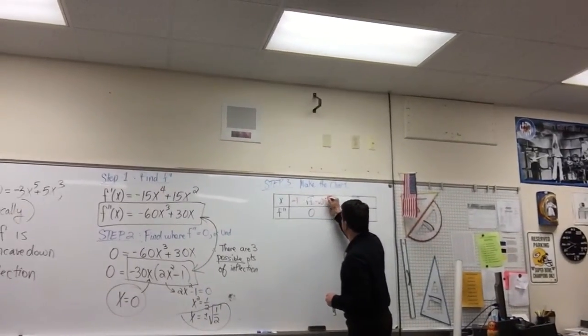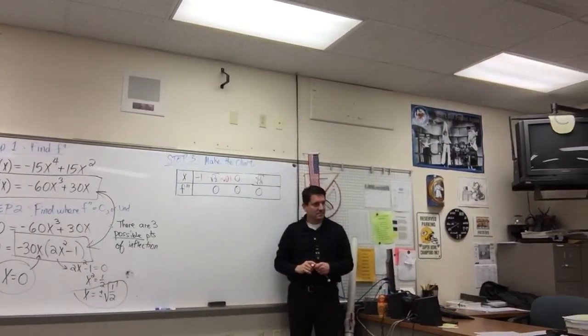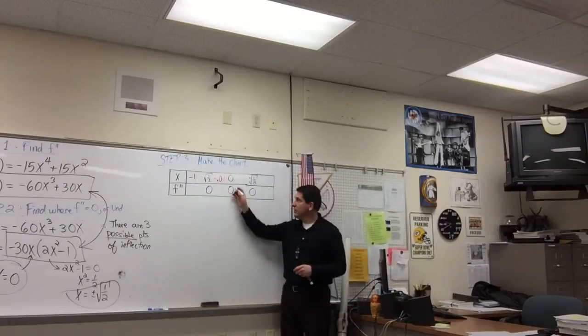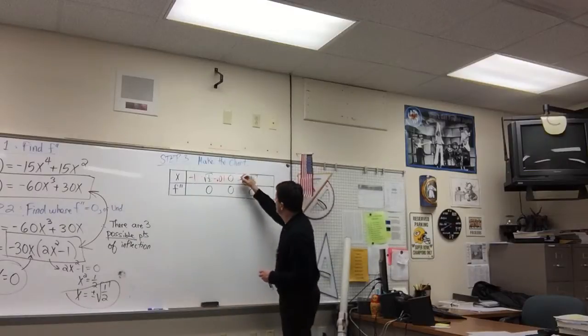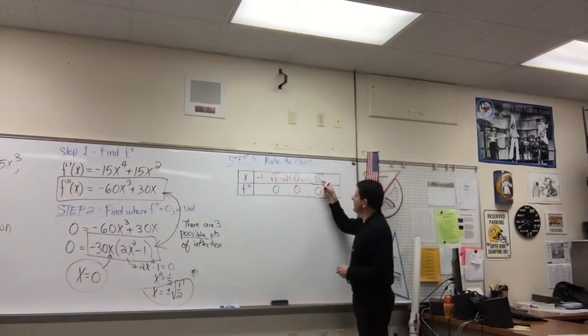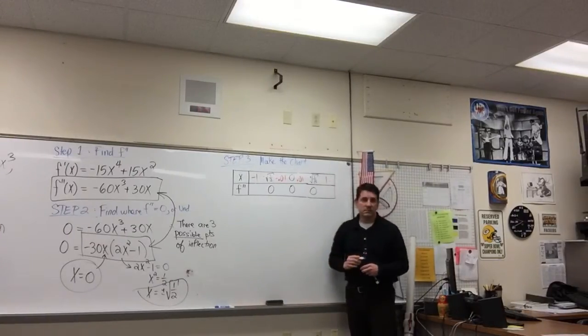I'm going to go easy here, because that's really close to 0. I'm not sure about that one, but I know that this is between it. Then we fill in a number between these two. And then we're going to pick a number to the right.